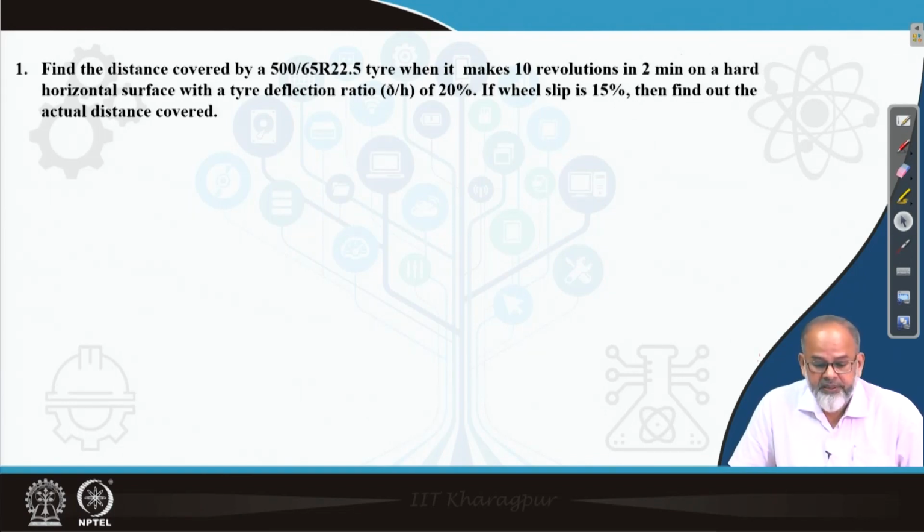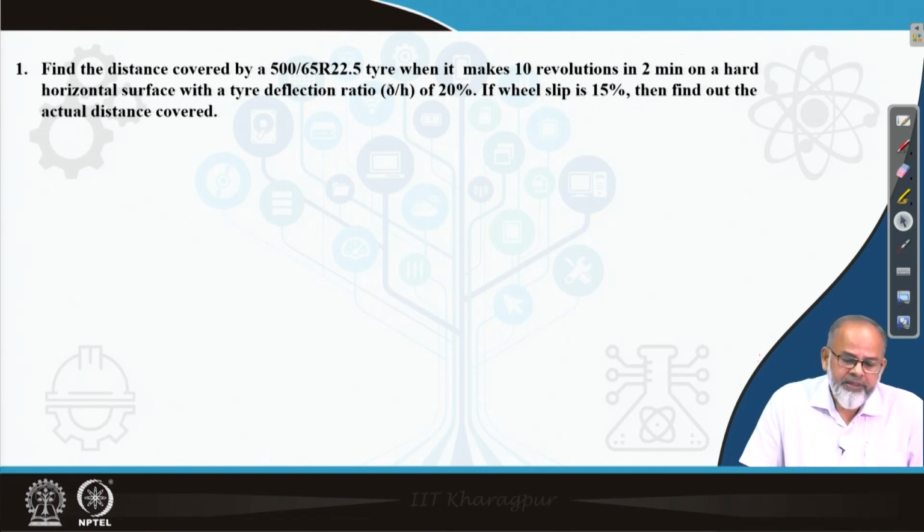Here the concept we have done for finding the diameter of the wheel from its specification will be utilized. Then how to find the rolling radius, and how to find the slip. These are the 3 concepts which will be tested here.